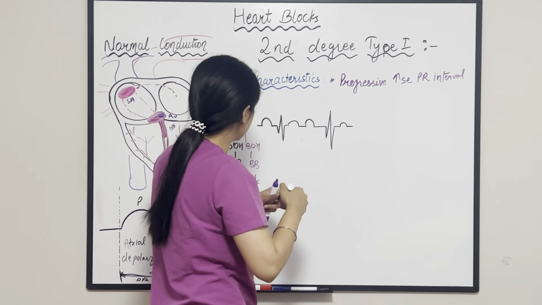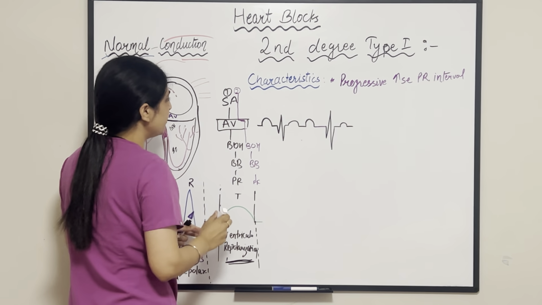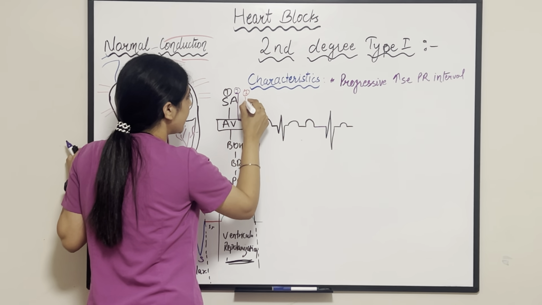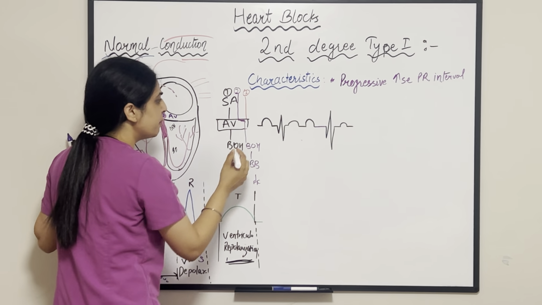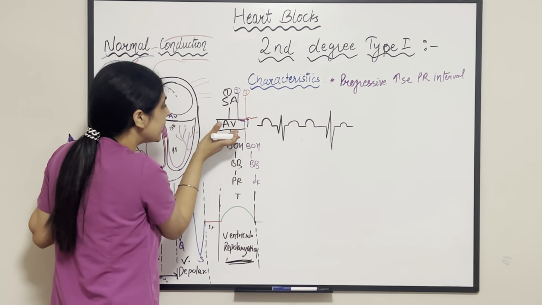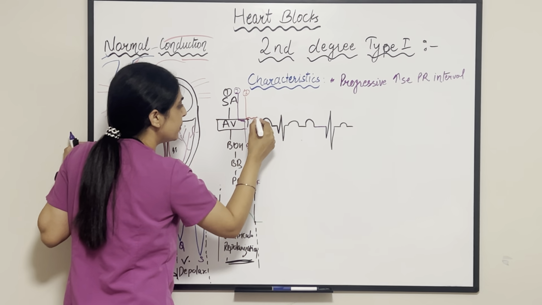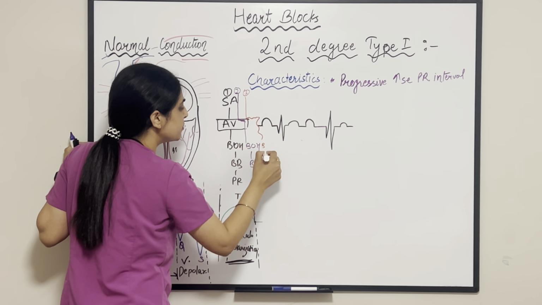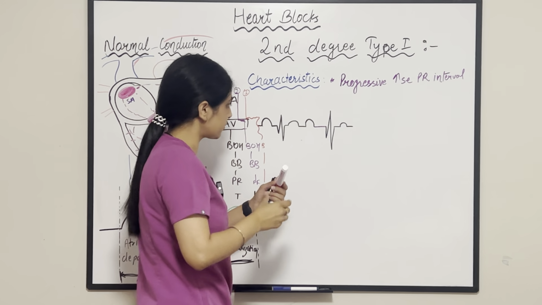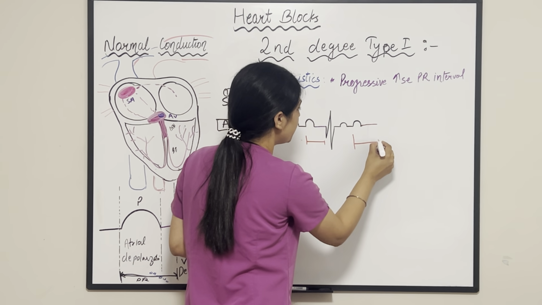So what happened with the third impulse? Again the third impulse reaches the AV node, but now it takes even more time than the second impulse to reach the bundle of His, bundle branches, and Purkinje fibers. So the PR is more prolonged than this one.